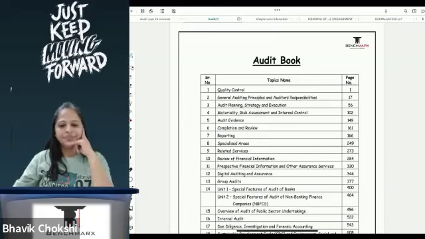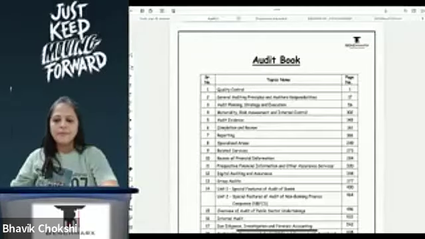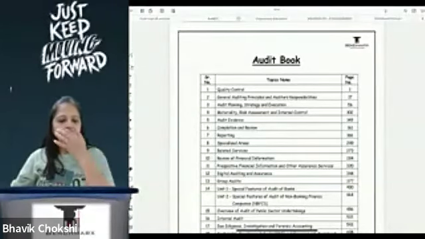Is it better now? Yes, perfect. Yes. So, blur again.